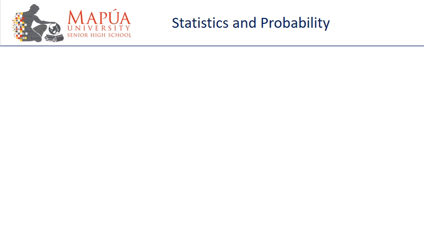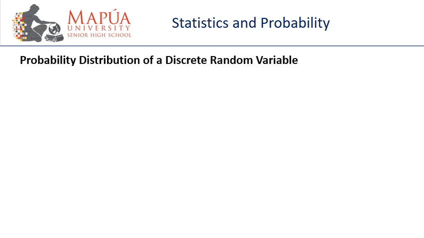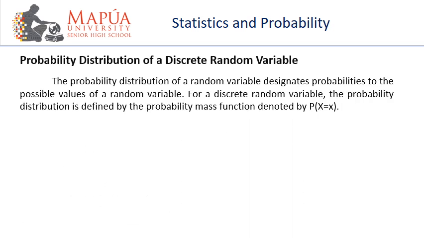Our lesson will only focus on discrete random variable. And to begin with this topic, let's discuss probability distribution of a discrete random variable. The probability distribution of a random variable designates probabilities to the possible values of a random variable. For a discrete random variable, the probability distribution is defined by the probability mass function denoted by the probability of big X equal to small x.